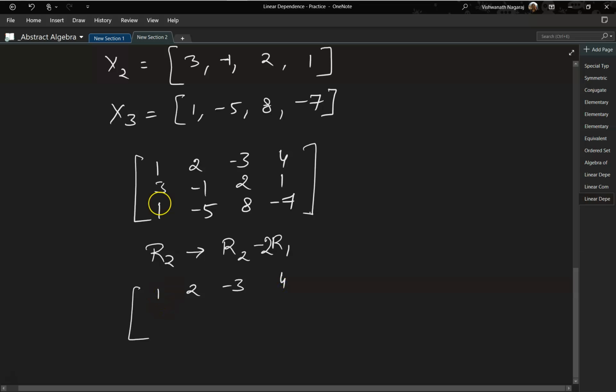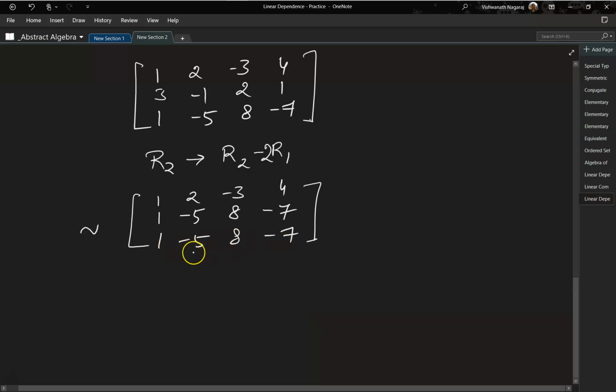And here 3 minus 2 gives me 1. Minus 1 minus 4 gives me minus 5. 2 plus 6, 8. 1 minus 8, minus 7. So you notice that our second and third rows have become equal, right?